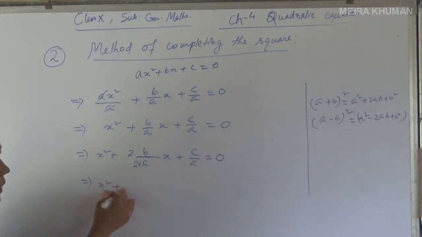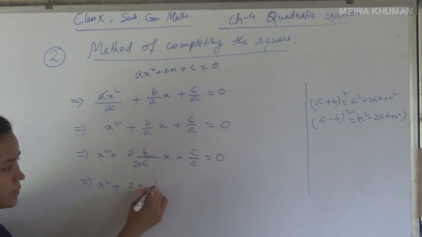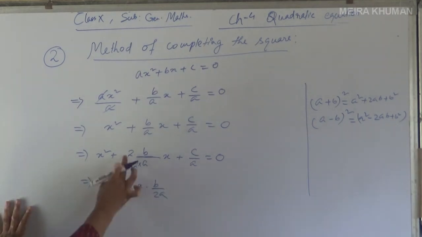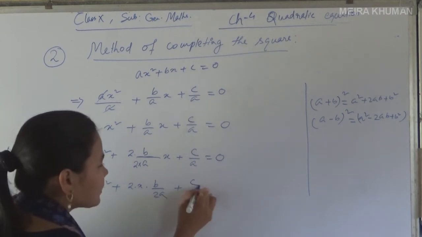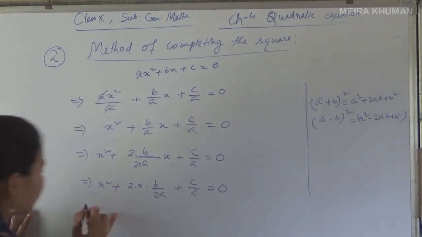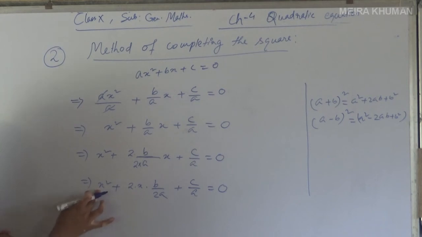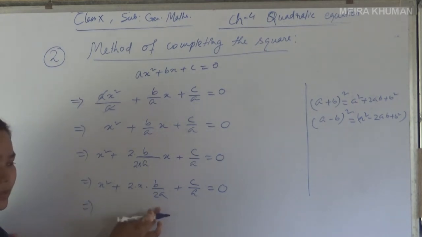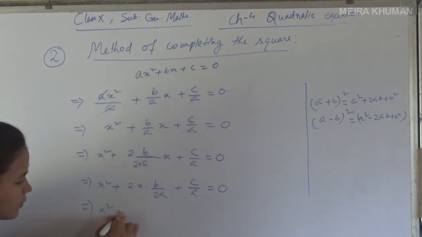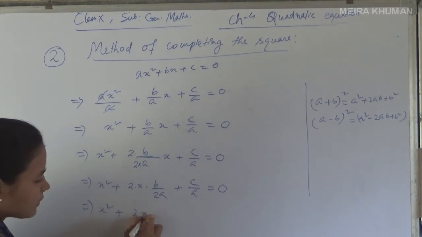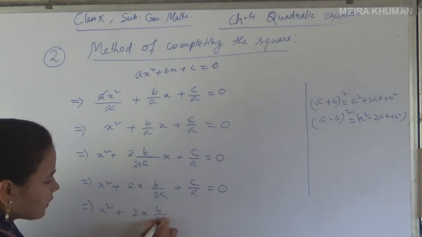x² plus this x you can write as 2 times x times b by 2a, plus c by a equal to 0. Here x², suppose this is your a² plus 2ab, but the b² term is not here, so you should make it.